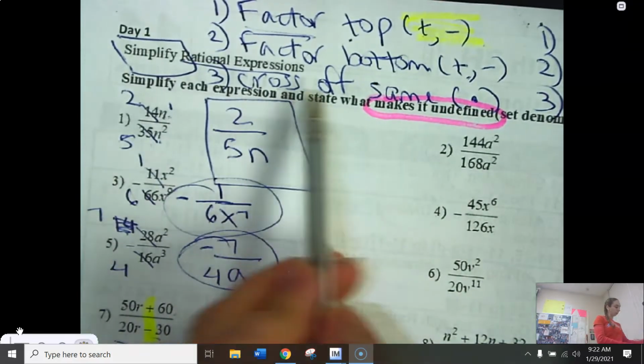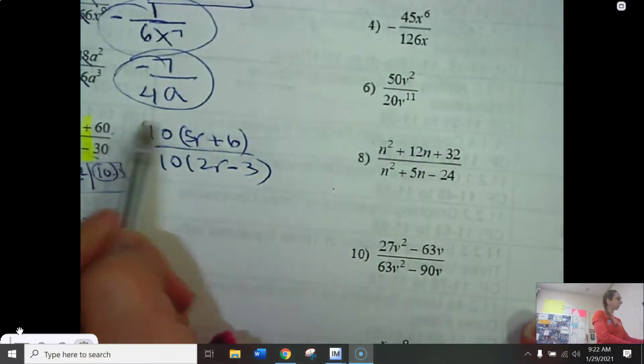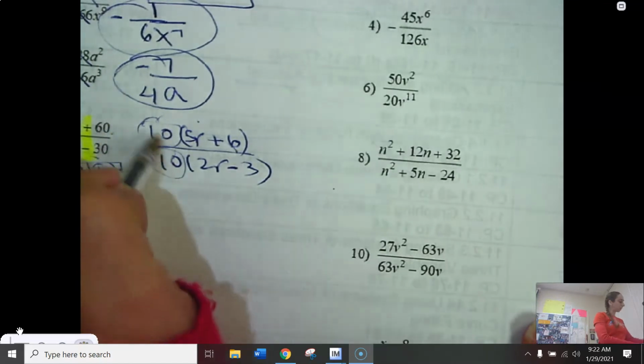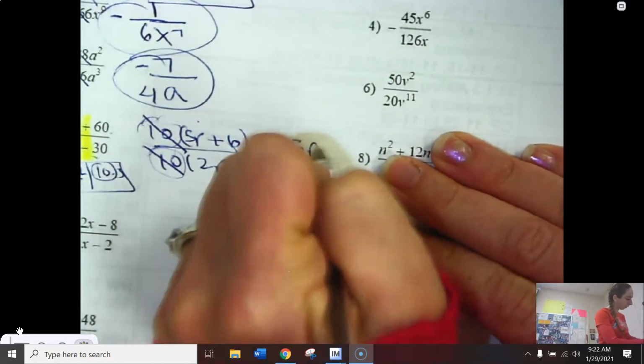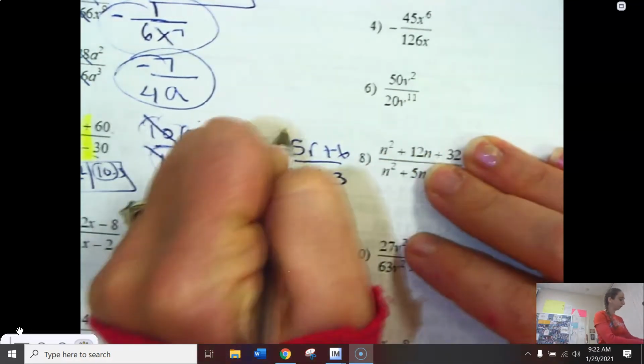Now I have to cross off what is the same. I can only cross off the same if it's being multiplied. So 10 is being multiplied to all that, and 10 is being multiplied to all that, so I can cross them off. Then I'm left with 5r plus 6 over 2r minus 3.